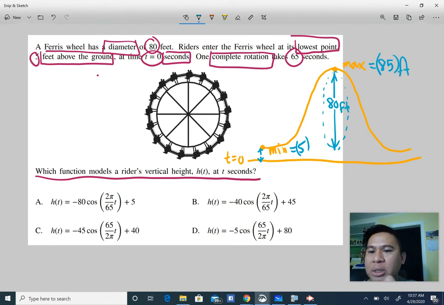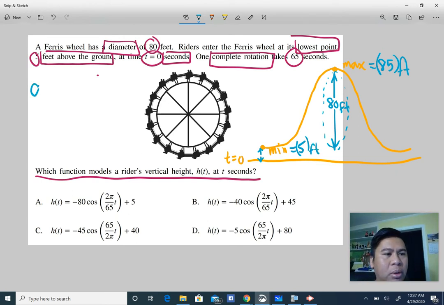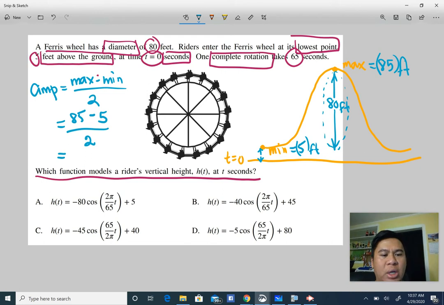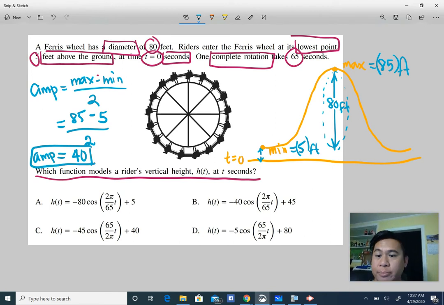Now, the amplitude is the maximum minus the minimum all over 2. That is 85, the maximum point, minus 5, the minimum point, divided by 2. So that's 80 divided by 2, which is 40. Again, that is our amplitude.